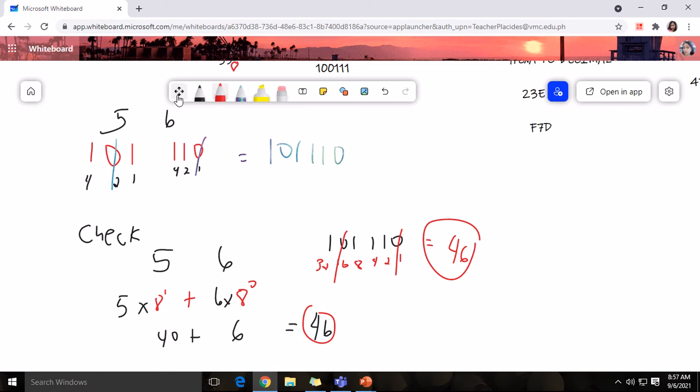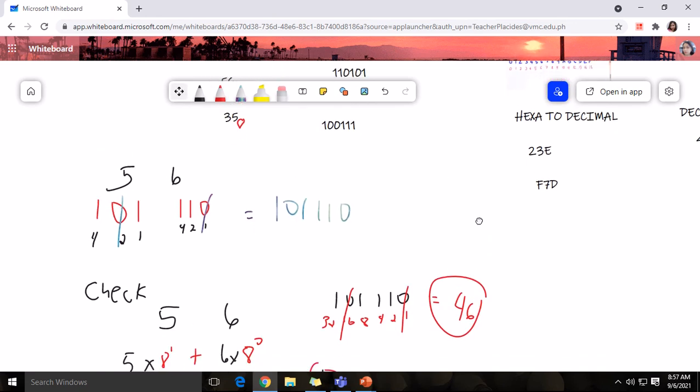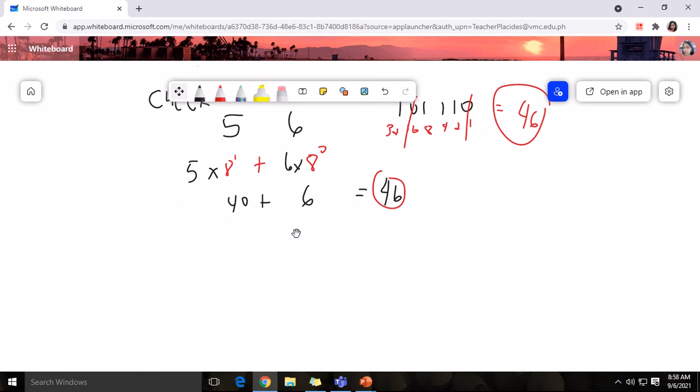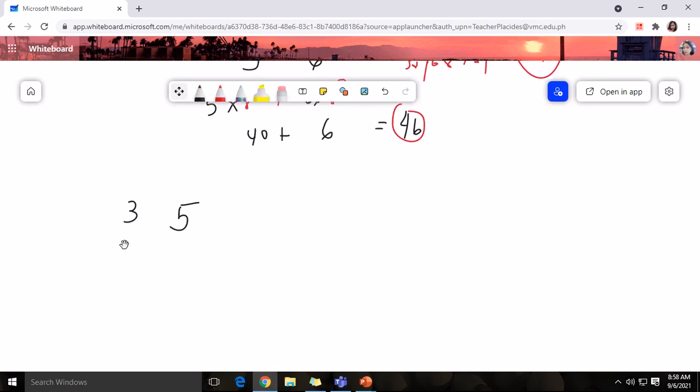So next number, let's try 35. All you have to do is find the binary of 3 and 5.